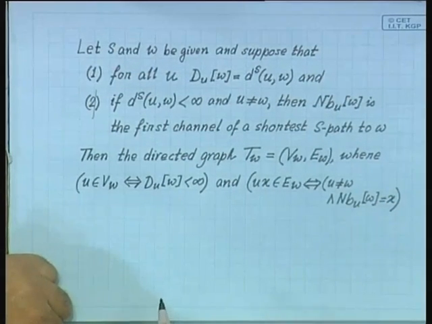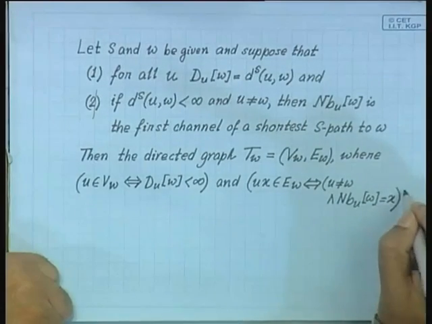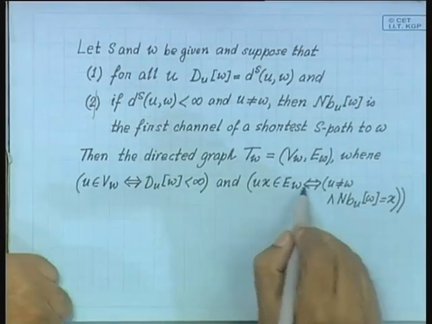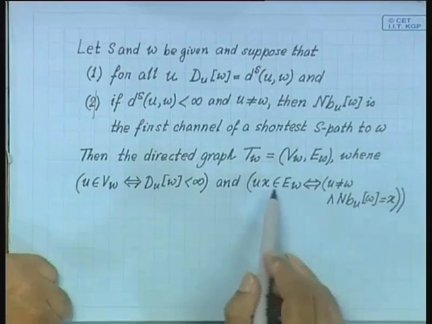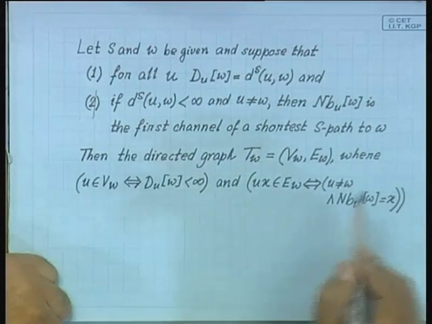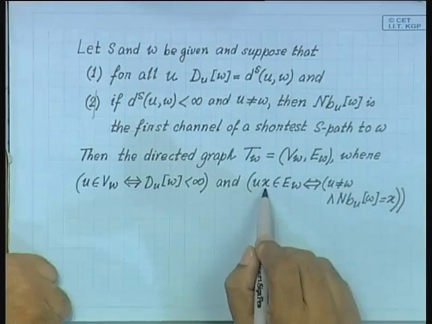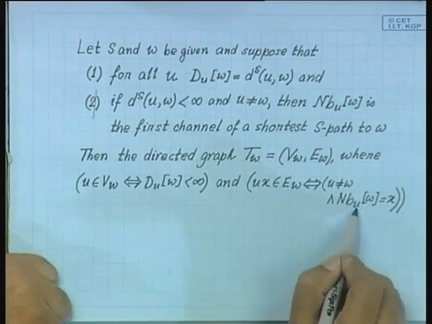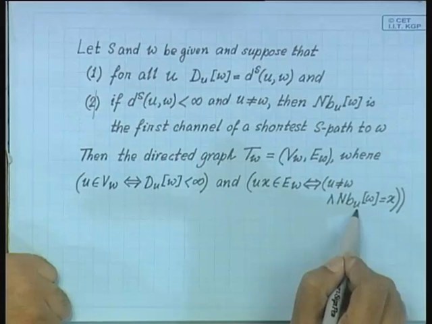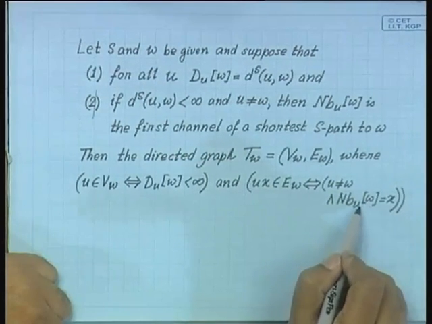Okay. So, what does this say? This says that the edges of the graph are pairs like ux, okay, where x is the neighbor of u, okay, through which packets to w are forwarded.